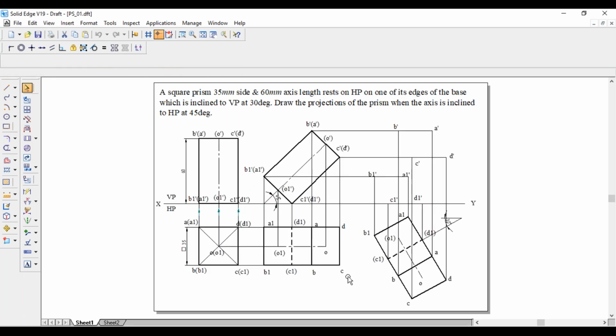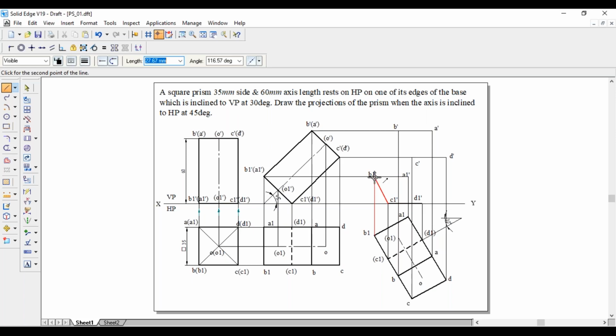So here, outer points, we'll start from D1 dash, C1 dash, outer points. Next outer, if you are going here, the top one will be B dash. You can't join this one because B1 dash is outside of this line, so B1 dash is the outer one, so that is also visible. Join this one.